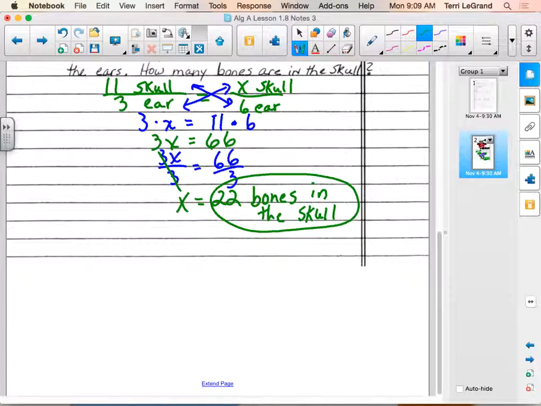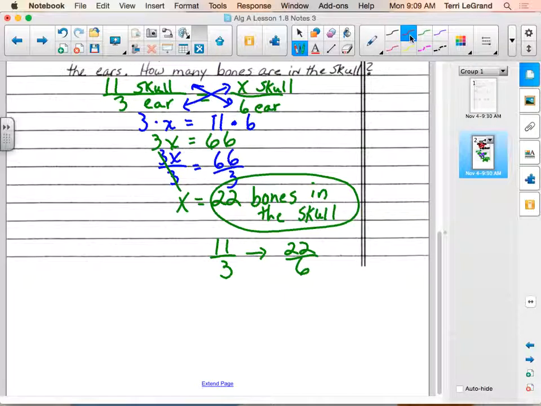Another way to really check that out is, remember we had 11 to 3, so that's 11 thirds. Can we get 22 over 6 to simplify to 11 over 3?